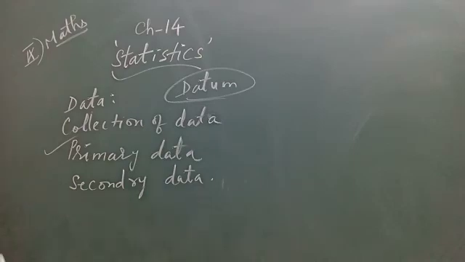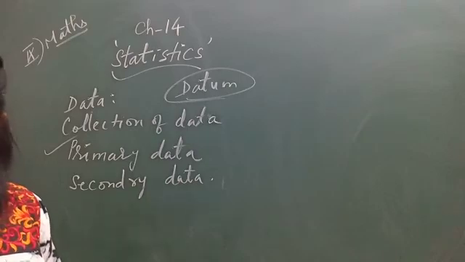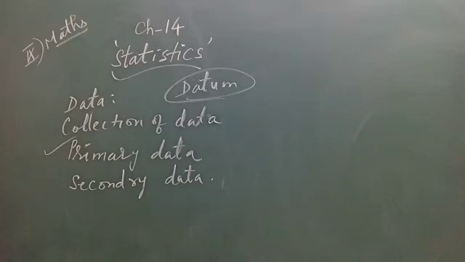So the information collected from a source which already had the information stored, and the data obtained, is called secondary data. So there are two types of collection of data, primary data and secondary data. Tomorrow we shall continue with 14.1 based on this.